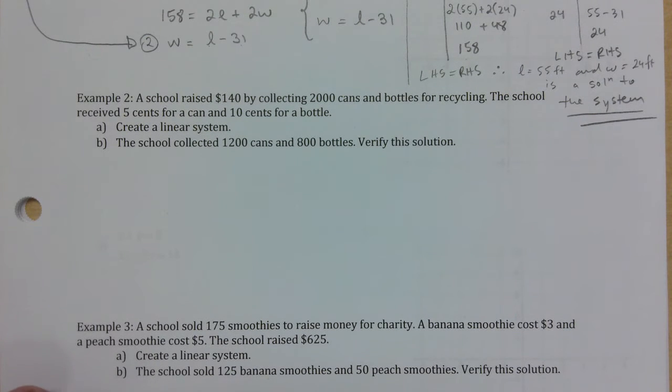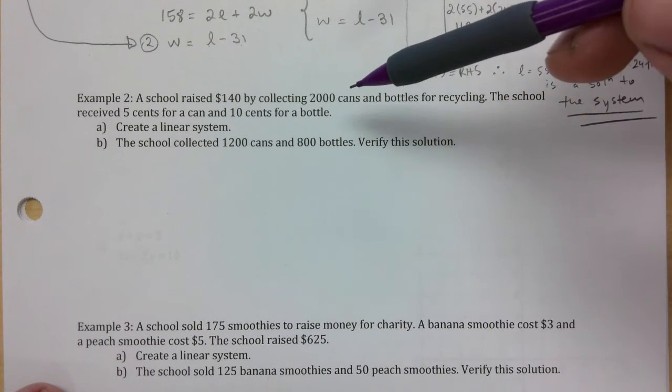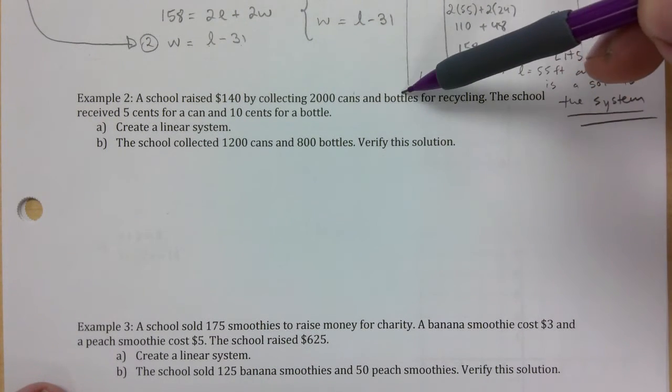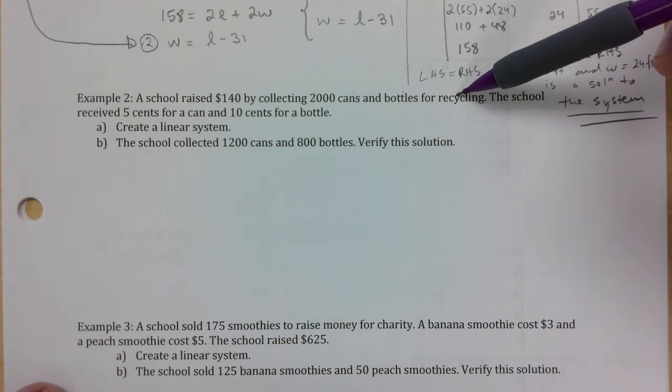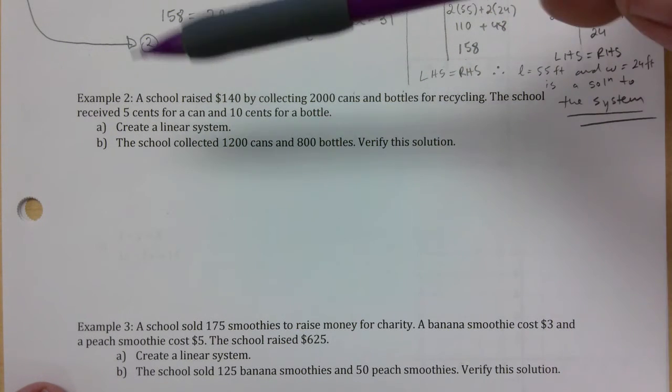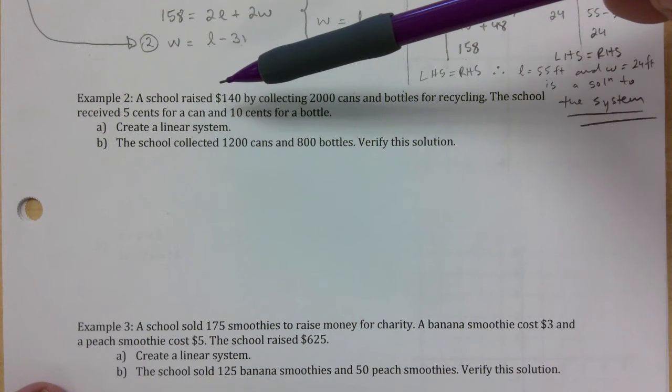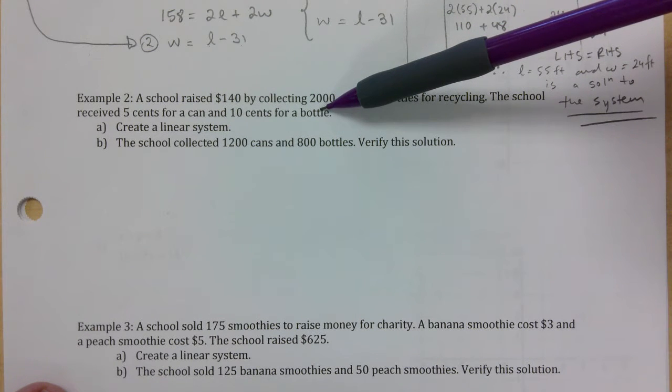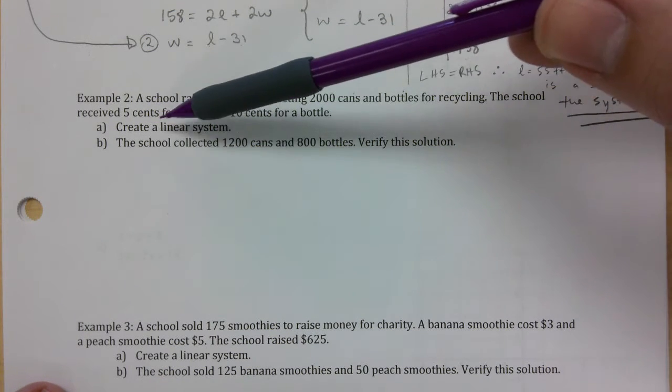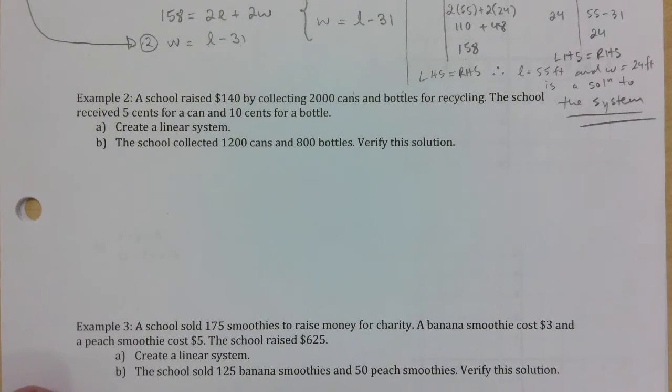Okay. Next, a school raised $140 by collecting 2,000 cans and bottles for recycling. The school received 5 cents for a can and 10 cents for a bottle. Create a linear system.